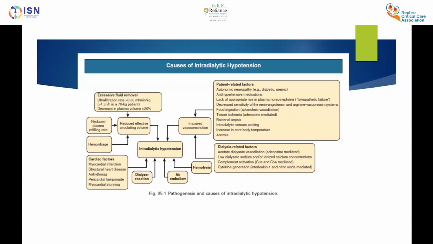These are all patient related factors, whereas dialysis related factors could be because of acetate dialysate vasodilation, which is adenosine mediated, low dialysate sodium or calcium concentrations, complement activation, or cytokine generation related. Then we have hemolysis, air embolism, and dialyzer reaction, which could contribute to this intradialytic hypotension.